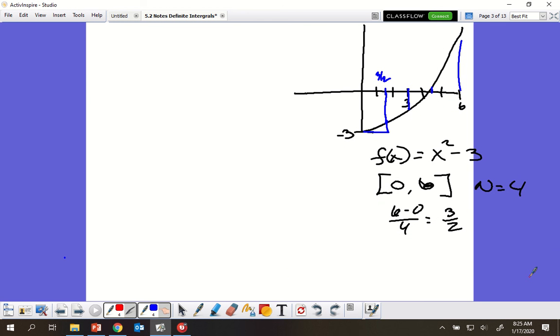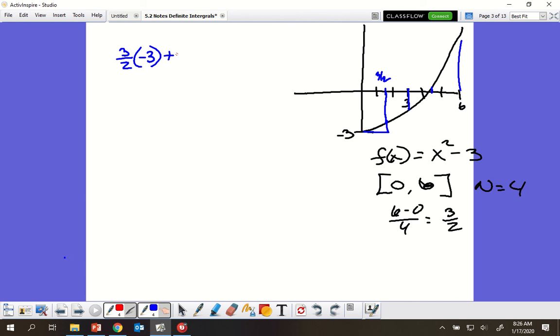All right, so here we go back to this again. A left-hand alignment means that the area of my first one right here is going to be 3/2 times negative 3, plus the next area.